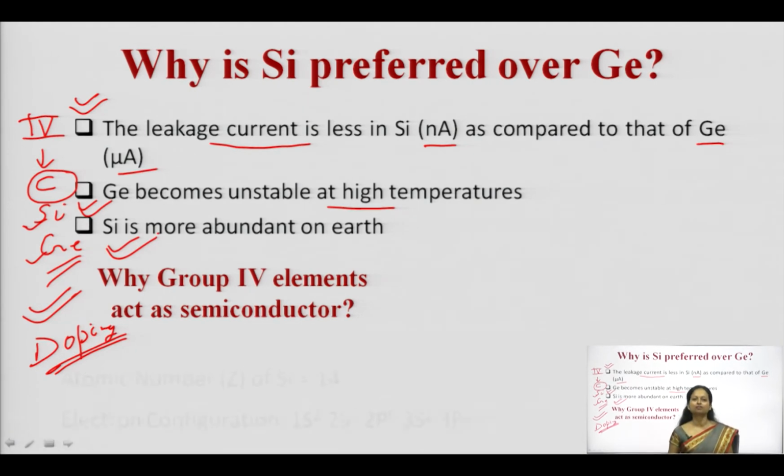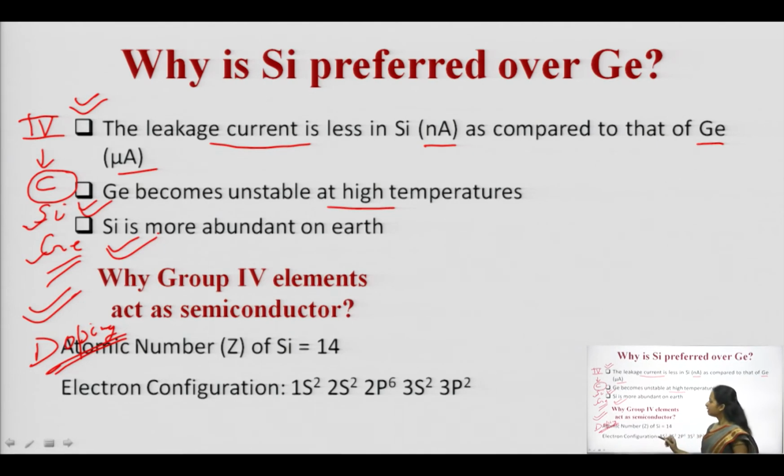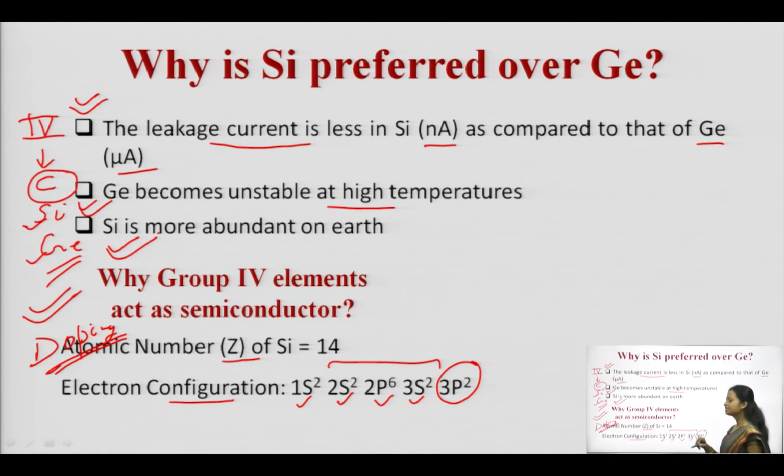Another factor you can explain by the electron configuration. The atomic number of silicon is 14. So, the electron configuration is 1s2, 2s2, 2p6, 3s2. This is 2 plus 2 plus 6 plus 2, which is 12. So, in the case of 3p, how many valence electrons are available? 2. But the p shell occupies 6 electrons.